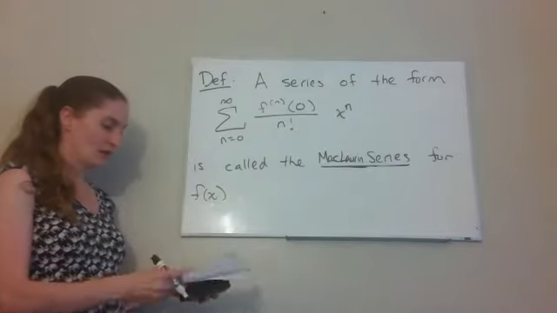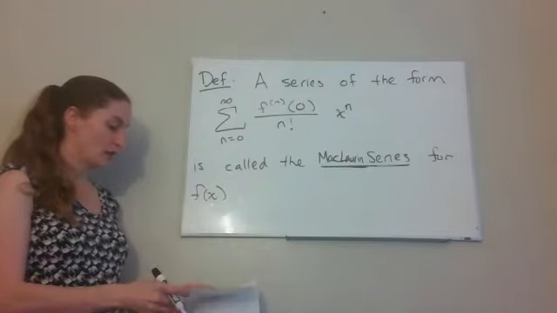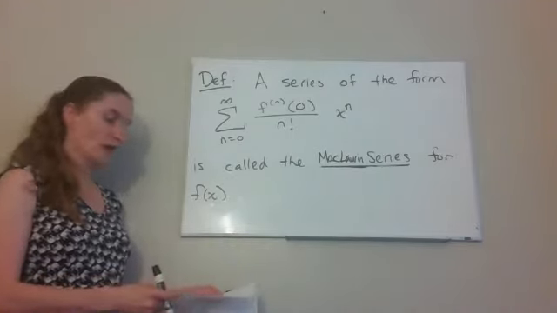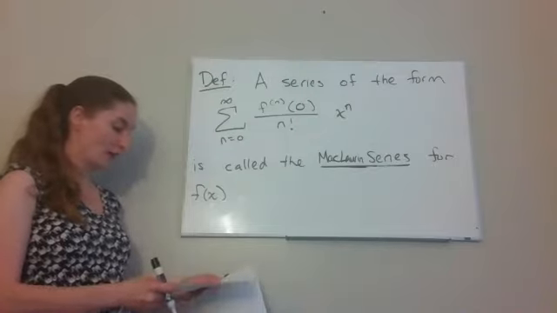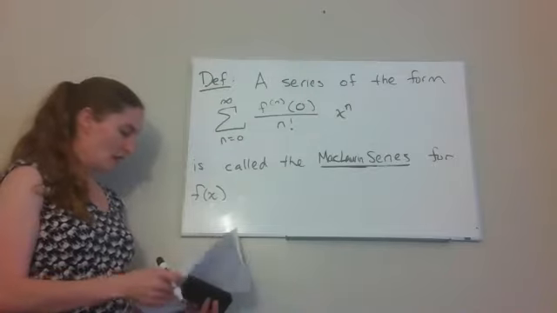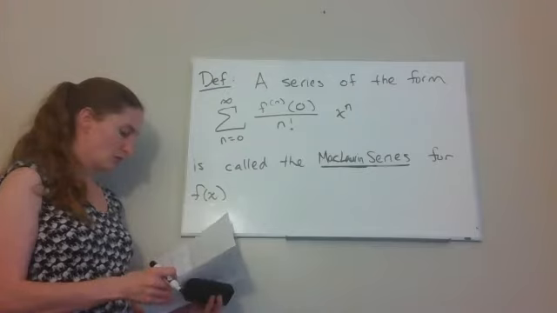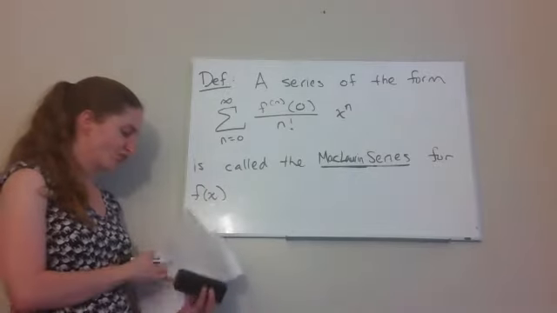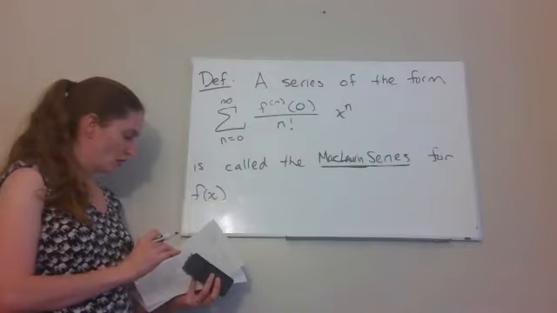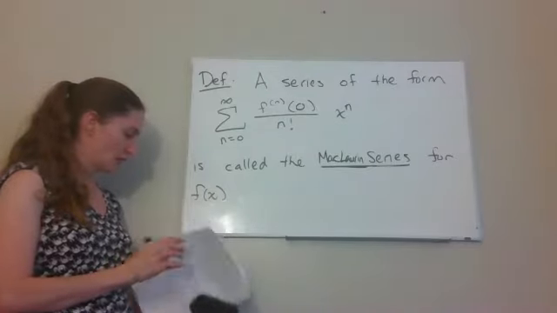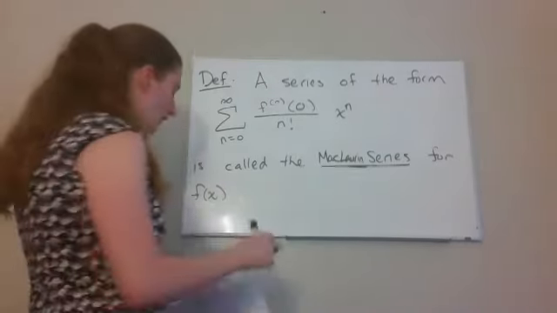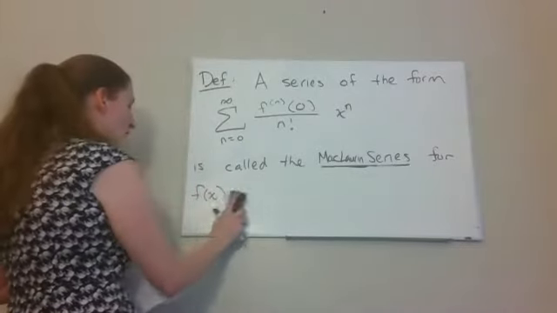So to finish up this video, we are going to find a MacLaurin series for a function and find its radius of convergence. And then we're going to find, I guess we'll find another MacLaurin series as well and find that radius of convergence too.